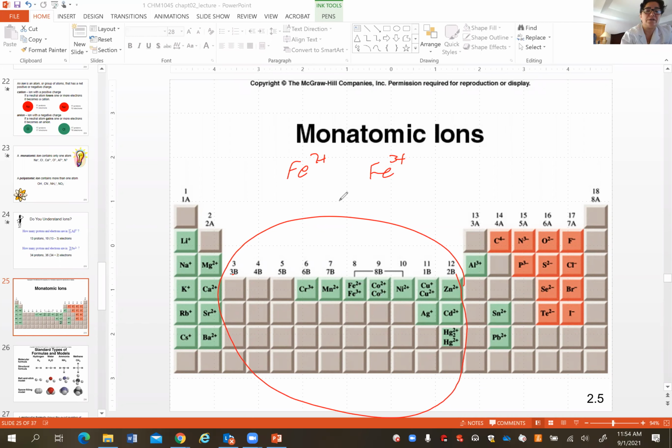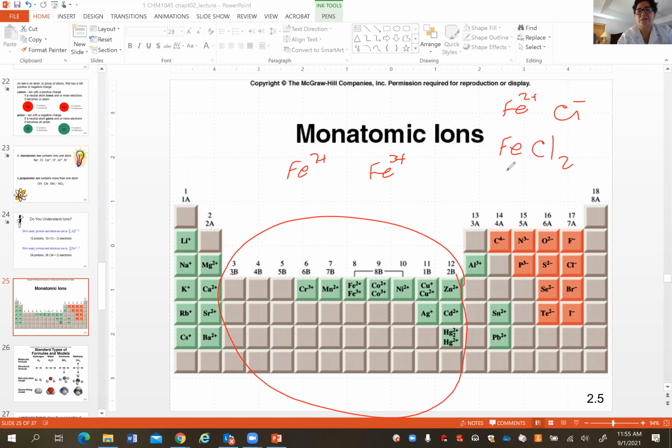If you didn't know this and someone told you to write the formula for iron chloride, you would say, okay, iron and then chloride. You would assume that Fe has a 2+ charge and chlorine has a 1- charge, and you come up with FeCl2.